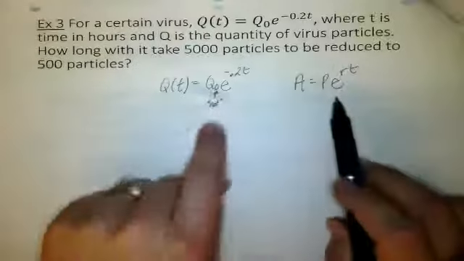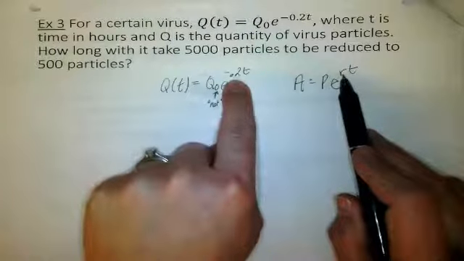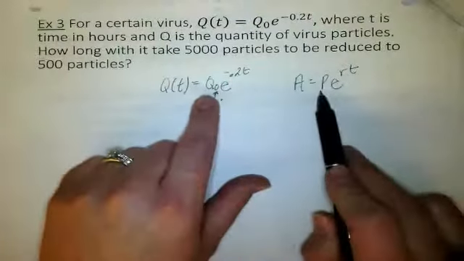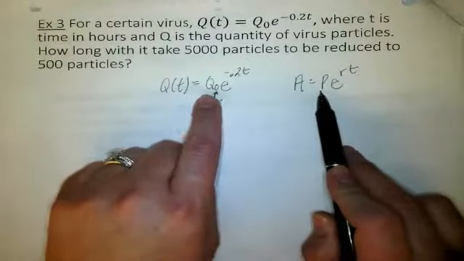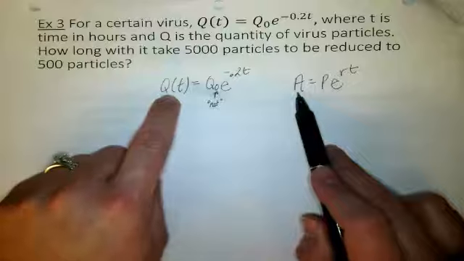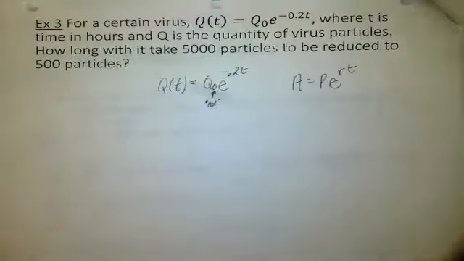You'll notice we have the e, they both have a base of e. We have a number in place of r. We have the t's, those match. The difference is that instead of P, they used a Q sub 0, and instead of A, they used function notation Q of t. They're using Q to stand for quantity, a quantity of virus particles.